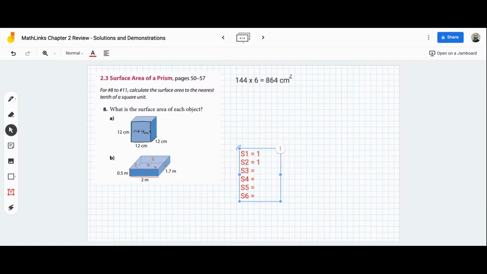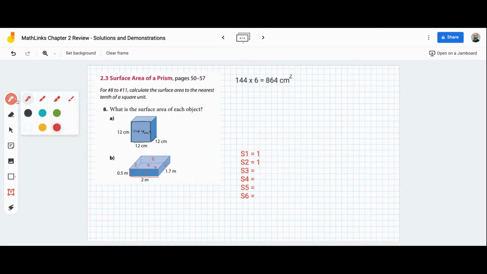0.5 is, of course, half. So we're saying, what is half of 1? All right, let's make this a little more challenging here, MathLinks. Side 3. Okay, so now we've got 0.5 times this length in here. That's our base, right? Which we know from over here is 1.7. So let's break out the calculator. And we've got 0.5 times 1.7.